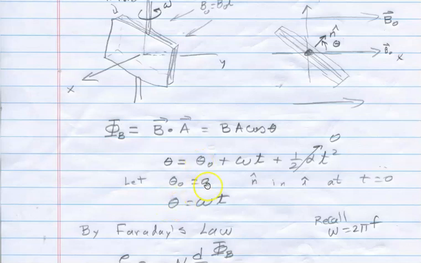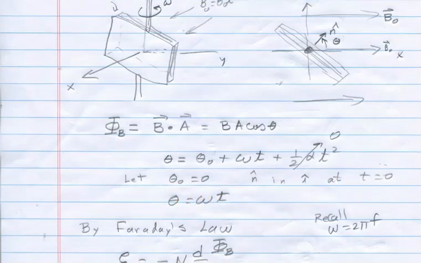It really just depends on when we decide to start our clock to measure time. That angle is equal to omega times t. Just to recall, the angular velocity, or angular frequency, is related to the usual frequency. Usual frequency is 1 over the period, and omega is 2 pi times that frequency.